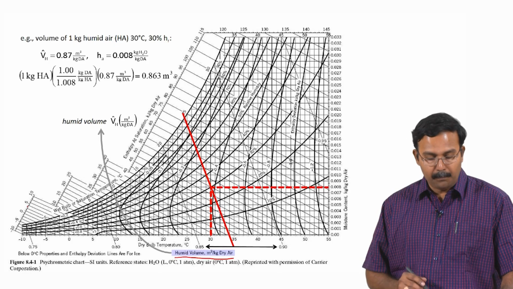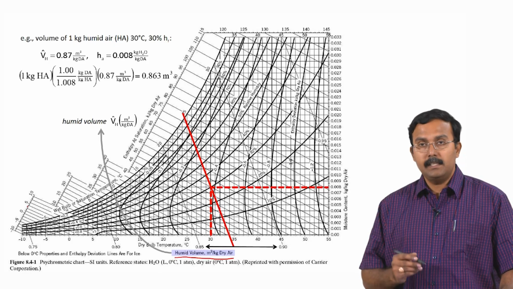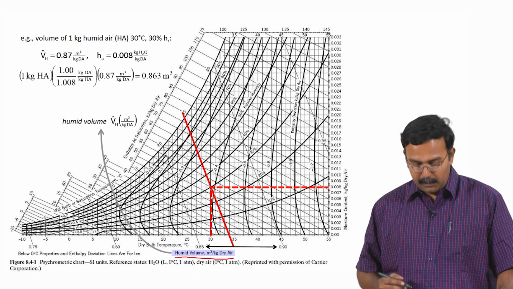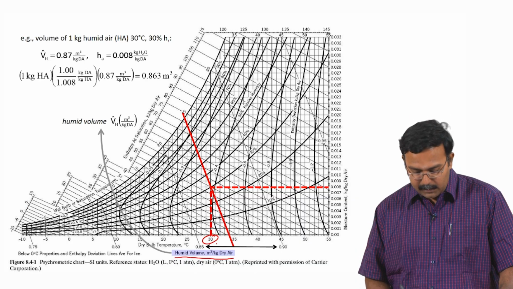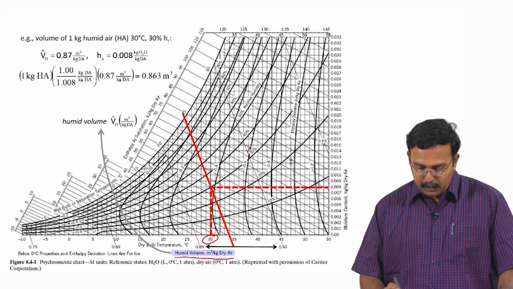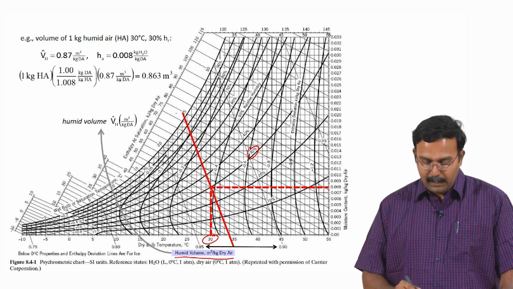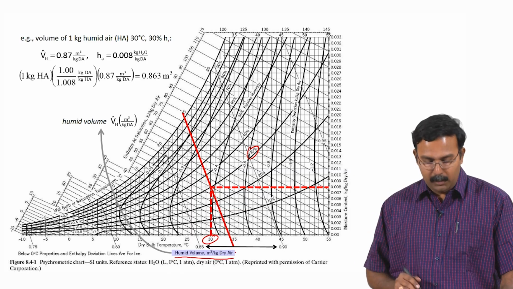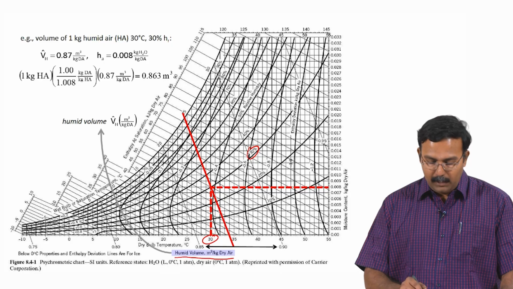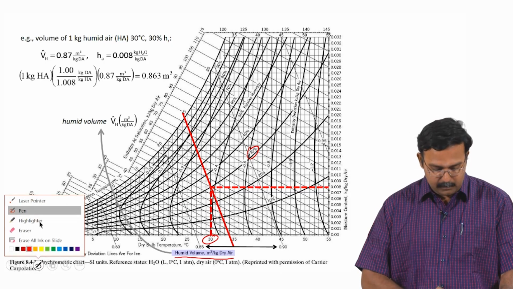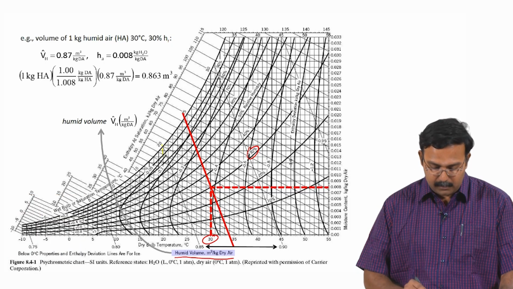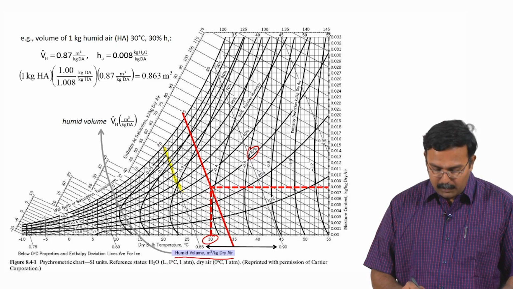Take the example of 30 degrees Celsius and 30% relative humidity. This is 30 degrees Celsius and we want to go to the 30% relative humidity curve. So, we take this line all the way to this point, and from here we can calculate the humid volume by drawing a line parallel to these cross axes. You see these cross plotted axes here.